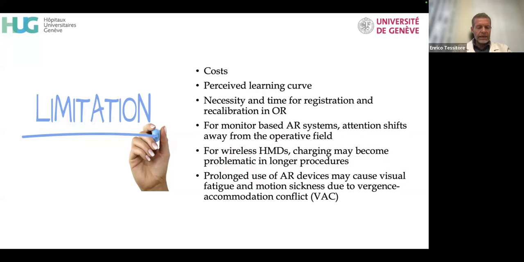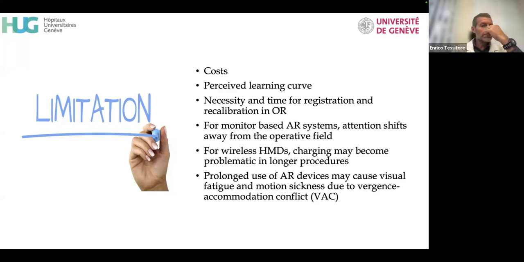So again, the idea is to implement it if available, and I think that the costs and the money injected in this project might be very helpful to increase the safety of our surgical procedures, especially in big tumors.